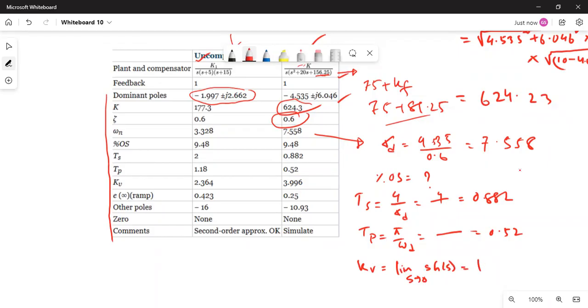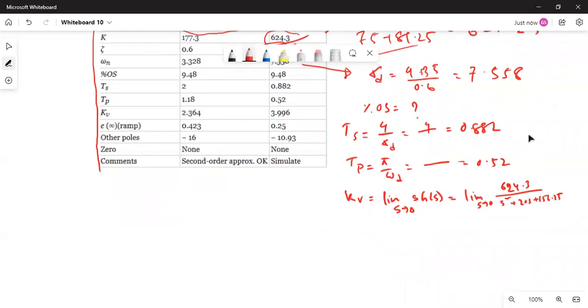Ultimately, s is getting cancelled out, so 624.3 by s squared plus 20s plus 156.25. So ultimately, 624 divided by 156, that will be the result, which will be around 3.996. And what is our steady state error? Steady state error is 1 by KV, so ultimately 0.25.